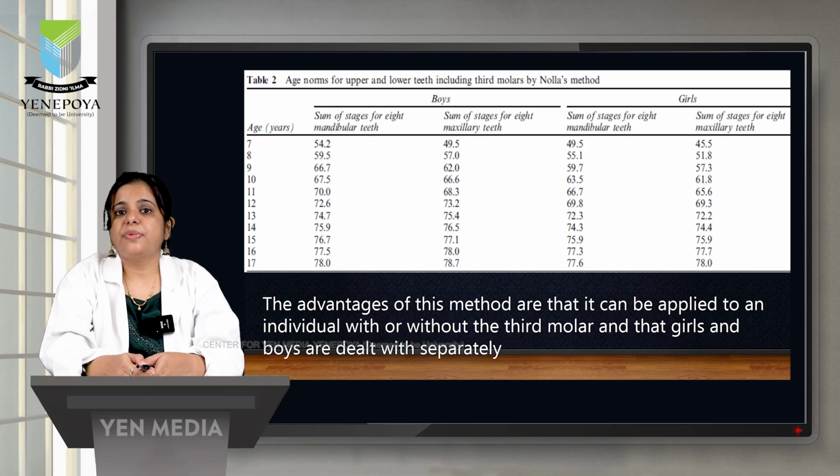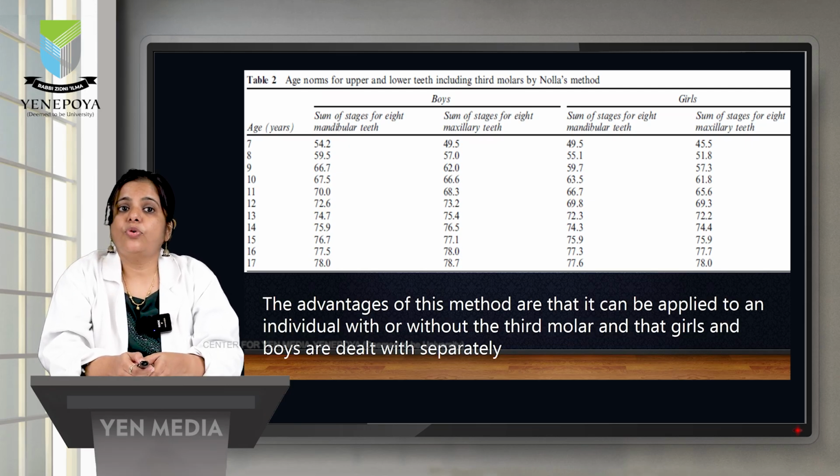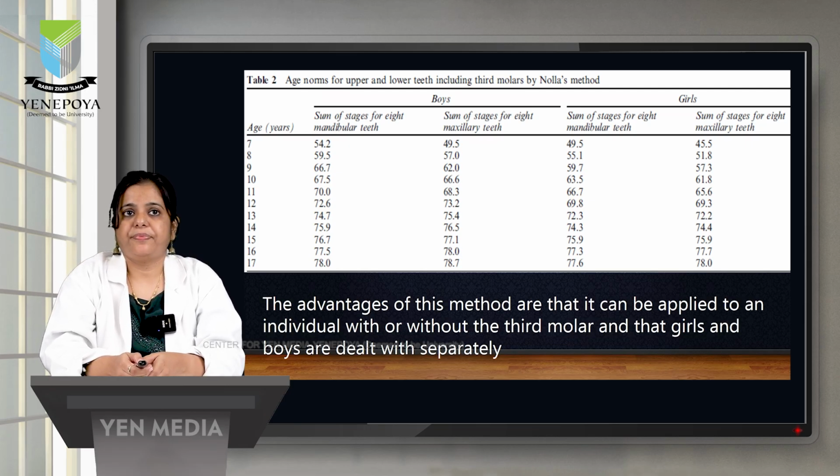The advantages of this method are that it can be applied to an individual with or without the molar, and that girls and boys are dealt with separately.